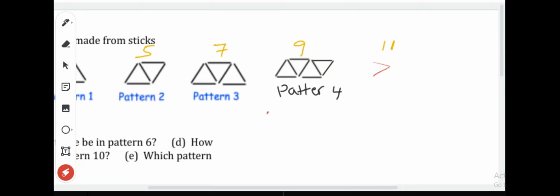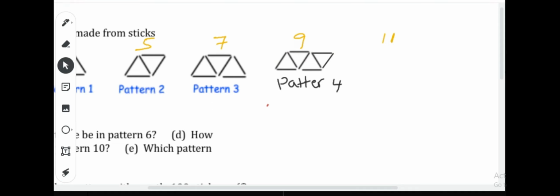The next one will be 11. So the next one is going to be like this. Let me paste it.